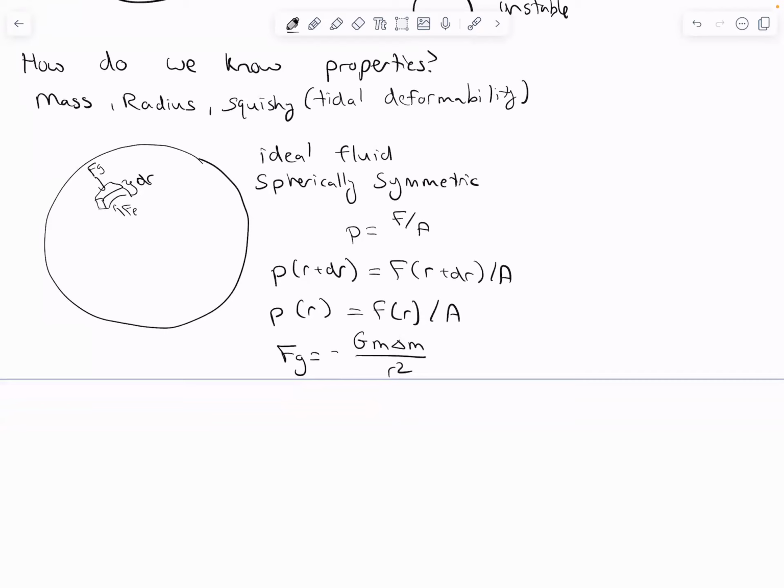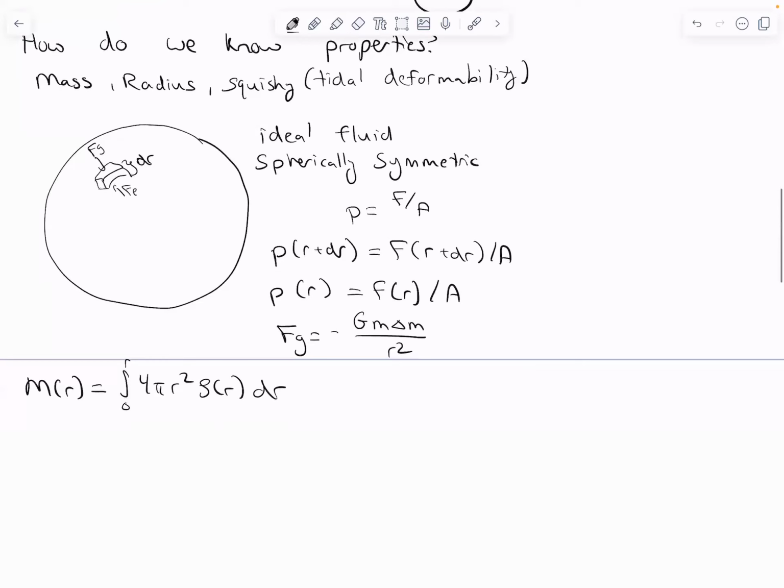And then we can also figure out what the mass is because we're assuming this is a sphere, right? If you have a sphere, you know the density, you can just integrate outwards. So the mass of R is equal to the integral from 0 to R of 4 pi R squared rho of R dr. We could also write this in differential form, for a very tiny piece of mass, dm equals 4 pi R squared rho of R dr, or more compactly, rho dr dA, where we have a tiny piece of the area.